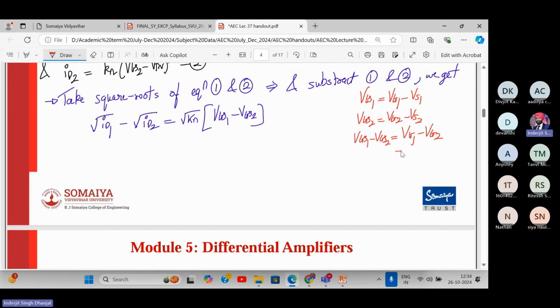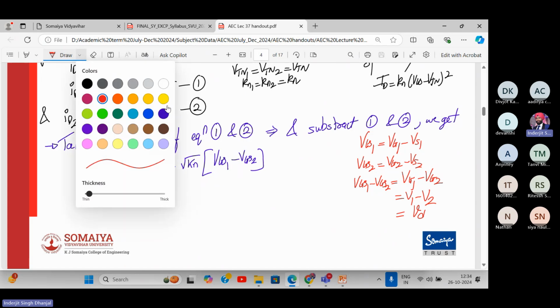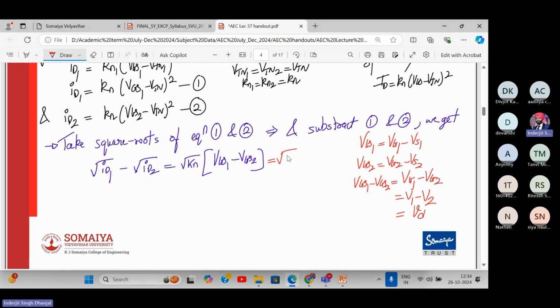So that is equal to V1 minus V2. Agree? And what is V1 minus V2? Differential voltage. So can we rewrite this expression as follows? It is square root of ID1 minus square root of ID2 equal to square root of Kn times Vd. So this is equation number 3.